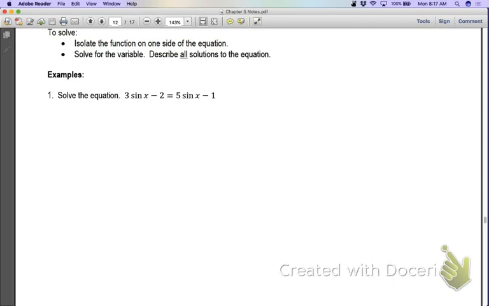So I am going to move the 2 over to the other side. Then I have 3 sine of x equal to 5 sine of x plus 1. From here, I'm going to move the sines over to the same side, so I'm going to subtract 5 sine of x.